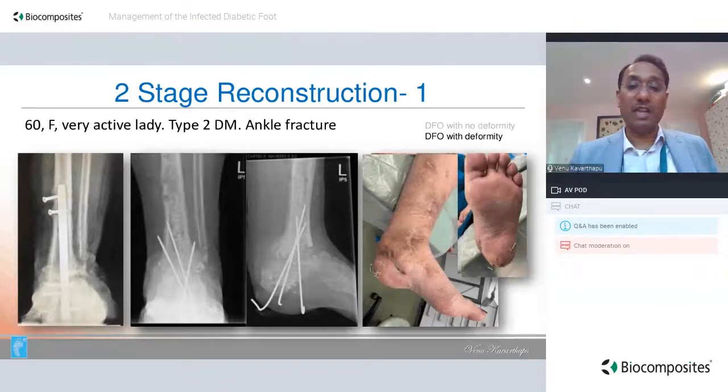So the same case example I mentioned to you earlier, who had 4 different surgical procedures done, and that unfortunately had failed through infection and metalwork failure. So you can see in this example, that was the failed, infected hindfoot nail radiograph before surgery, and all of that metalwork was removed.